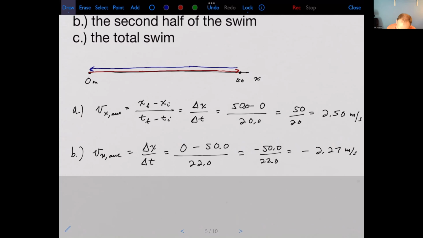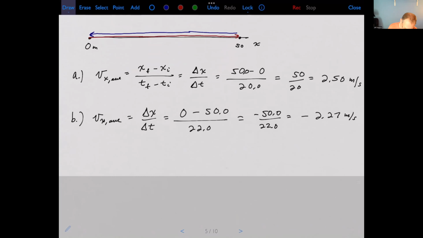And then finally, to find the average velocity over the total swim, again, I need my delta x over delta t. Well, in this case, the final position is actually at 0, and the initial position is at 0, right?